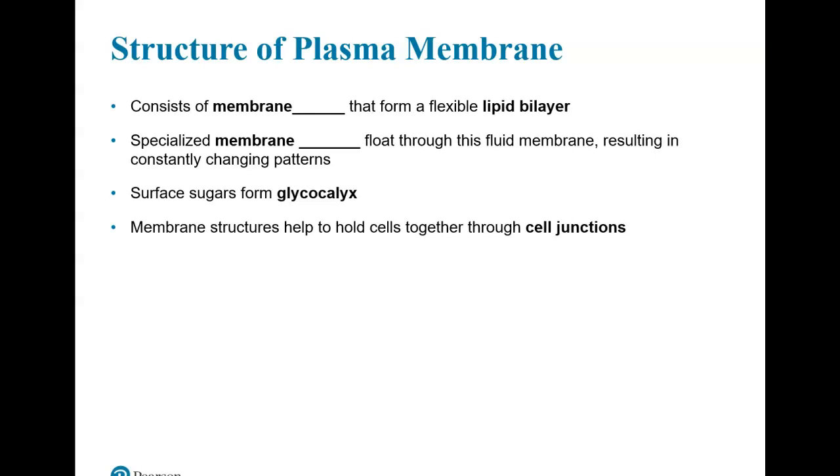In certain areas where there's a lot of mobility and wear and tear, like cardiac tissue, because the heart is constantly contracting, the cells that make up the heart are in constant motion. To prevent those cells from coming apart, there are cell junctions which hold those cells together.